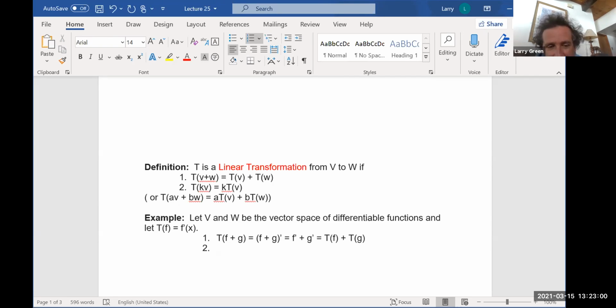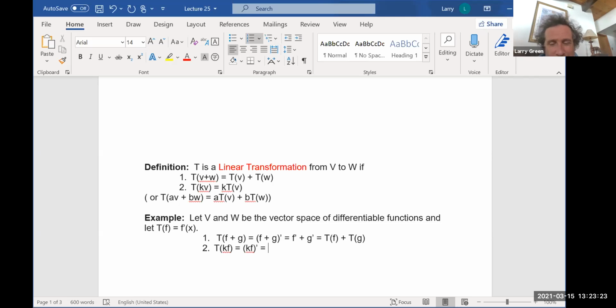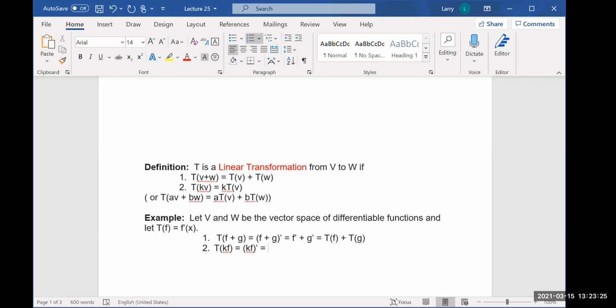For number 2, what is T of kf? By definition, that's (kf) prime. Now, what does calculus say you can do when you have a constant times a function and you want to take a derivative? Pull out that constant.